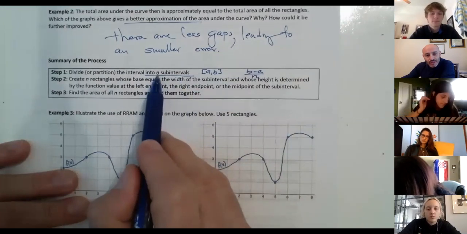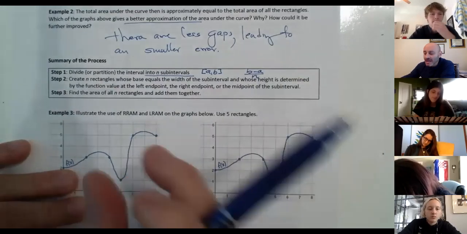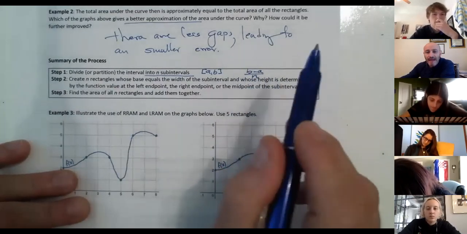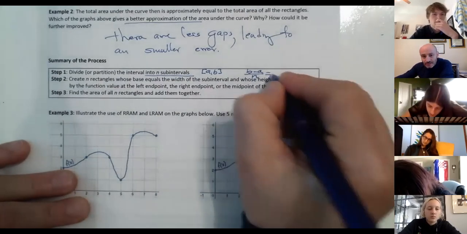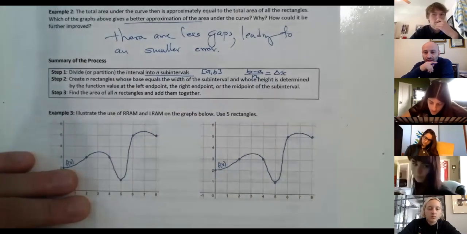So if you're doing this in n subintervals, then to guarantee the same length, you take the length of the whole interval and you divide by n. That is what we're going to know as delta x, the change in the x value.